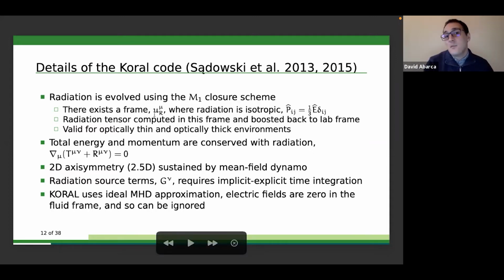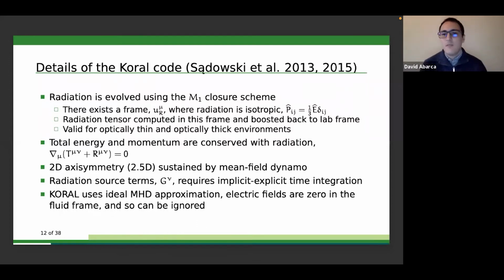But that's in some frame defined by U R mu. So then you can do a Lorentz boost to boost the physics back into the lab frame, and then all of a sudden you have radiation that can stream along geodesics, and it works in the optically thin and optically thick environments.